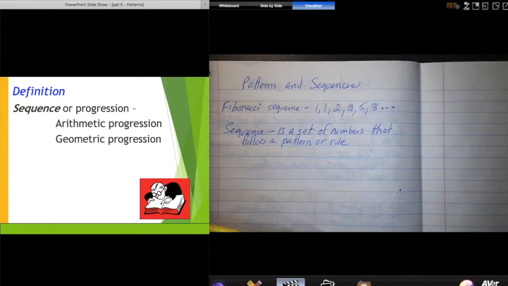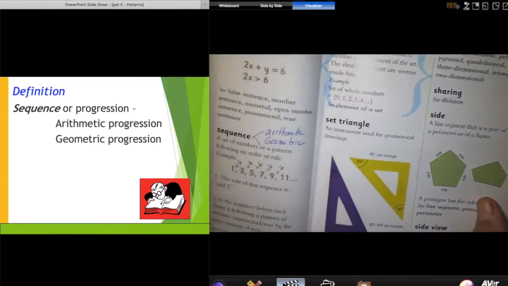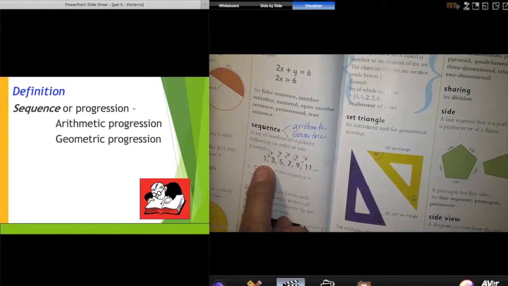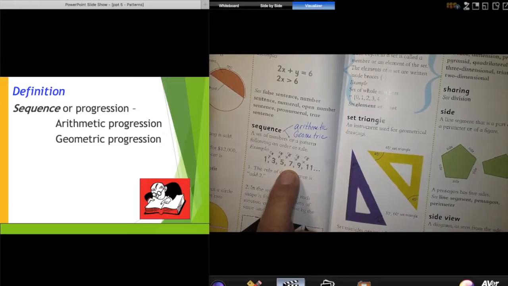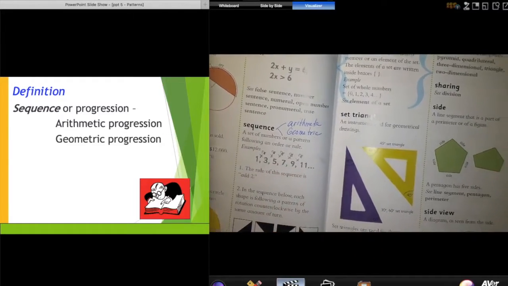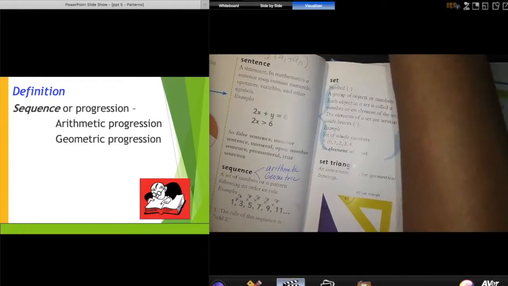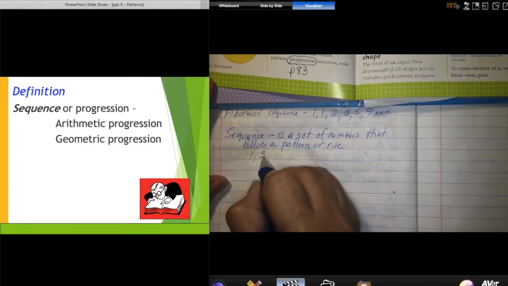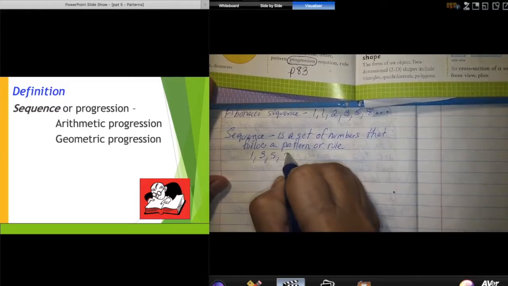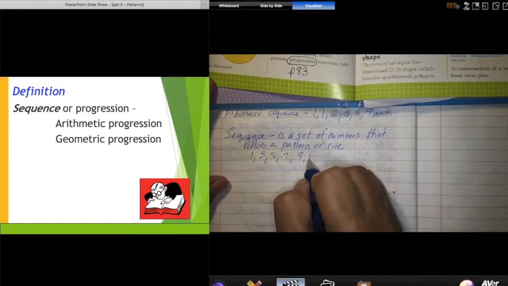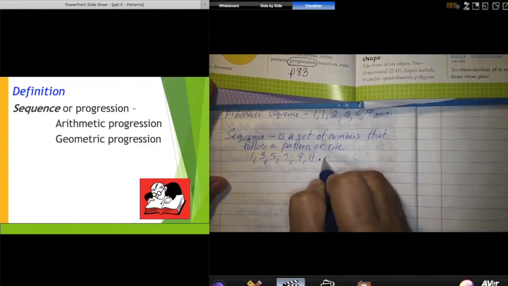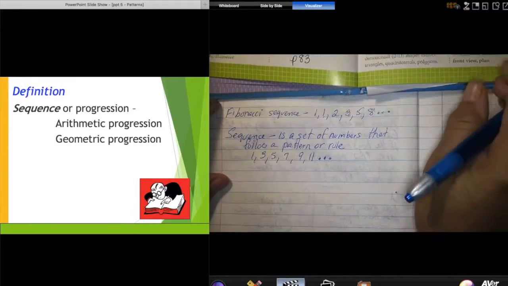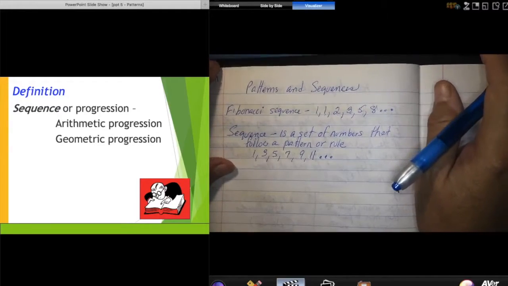Okay. In the example they give us in this sequence, it's 1, 3, 5, 7, 9, and 11. So let's look at this sequence and see what's happening here.